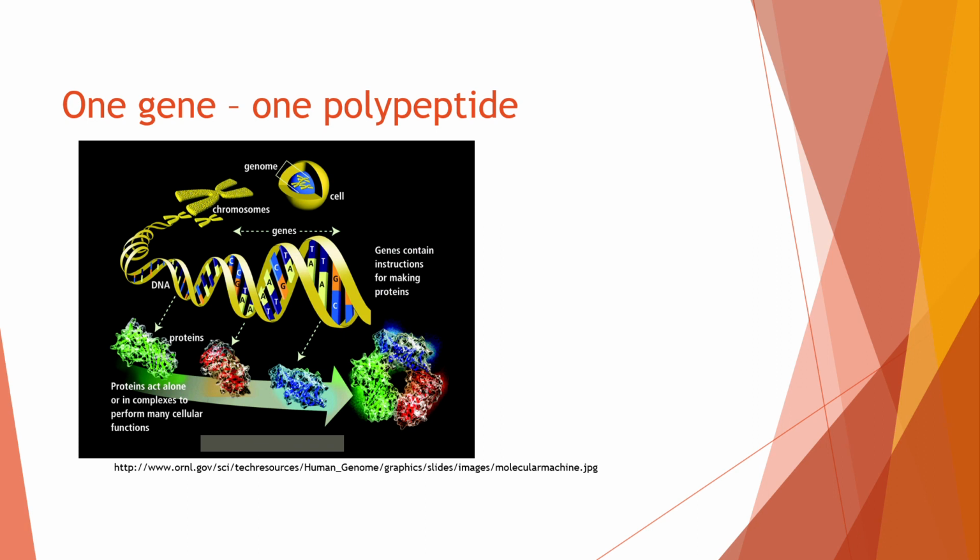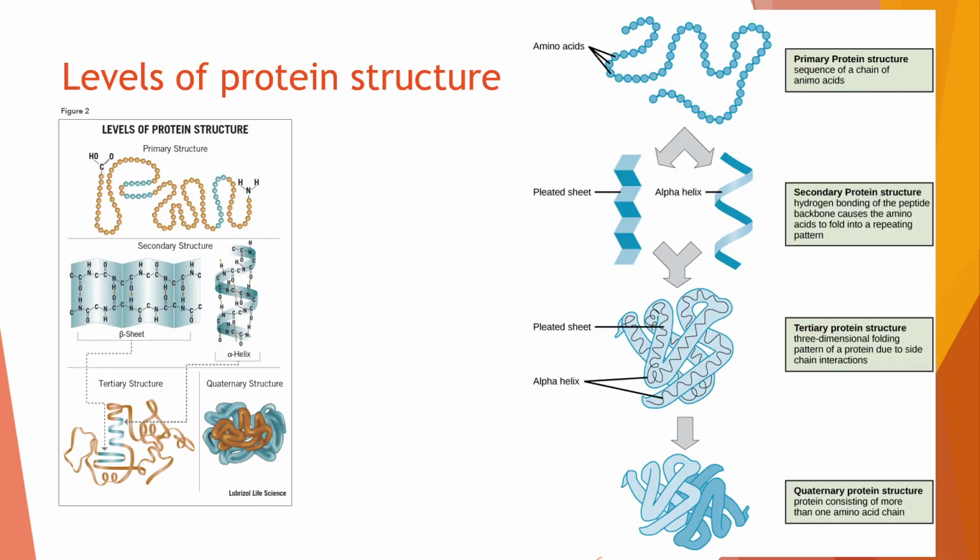4 exceptions, at least 3 of them should be used if you are asked to discuss the idea that one gene encodes one polypeptide. Now, this is a good moment to go to the presentation about proteins and recall everything what you know already about the protein structure.